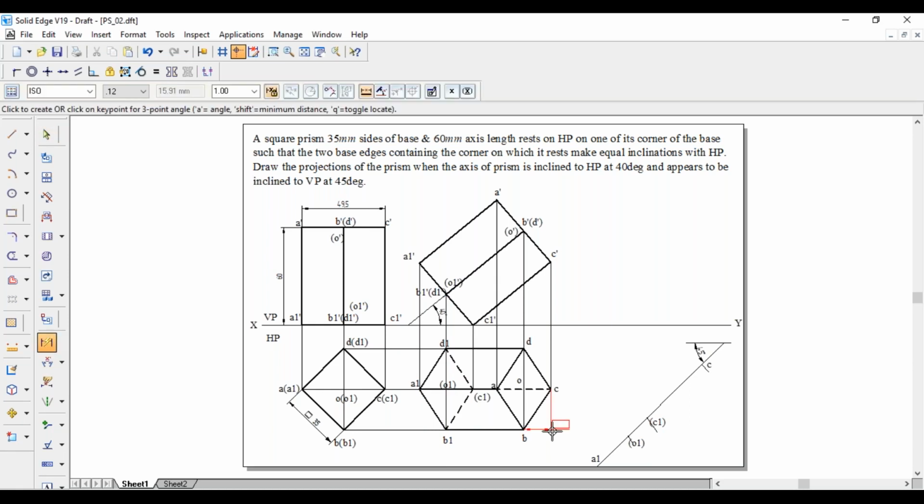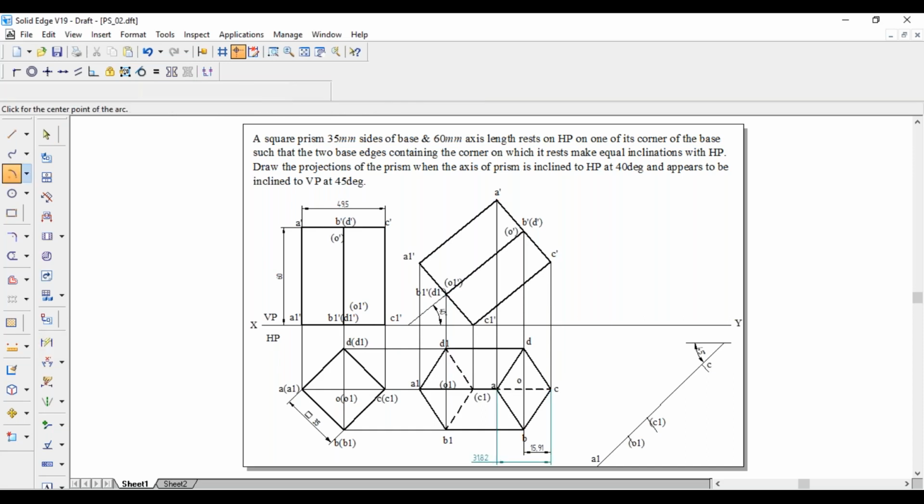Now C as center, 15.91 mm as radius. Similarly, C as center, 31.82 mm as radius.